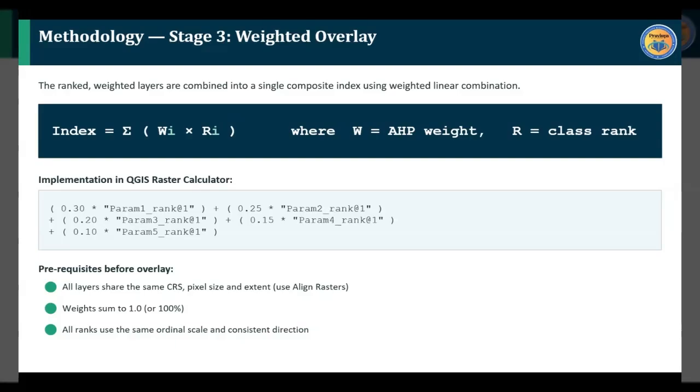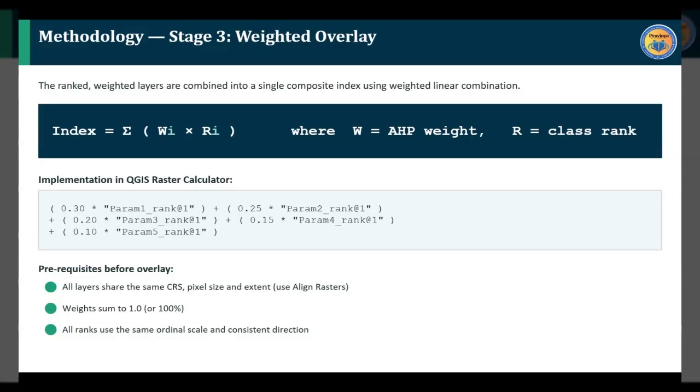But all these parameters are not equal. So in flood risk, elevation matters more than the depth of the water table. In quality, you will find that nitrate and fluoride might matter more than sulfates. We need a principled way to say how much each parameter counts, and that is what the analytic hierarchy process will give us.